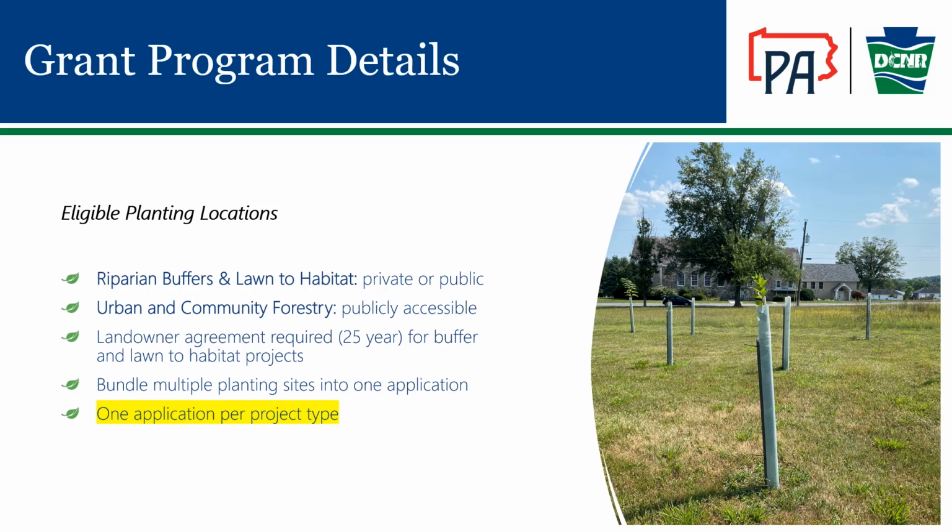So, for example, if you're planning to implement several acres of riparian forest buffers and several acres of lawn to habitat conversions, we'd ask you to submit 2 applications. Or if you're planning to do an urban and community forestry project on the same property that includes a buffer, you could submit just 1 application.